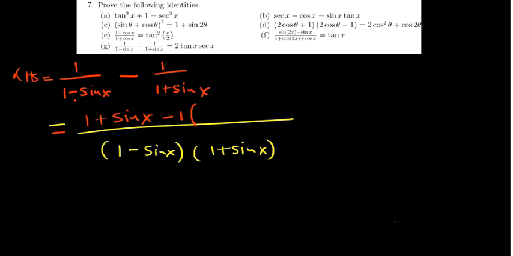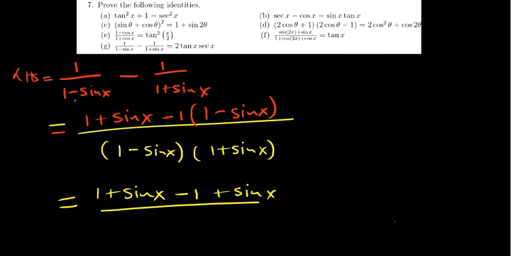So we have 1 plus sine of x minus 1 minus sine of x, over the difference, 1 minus sine of x, 1 plus sine of x.